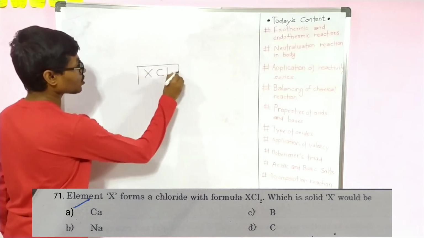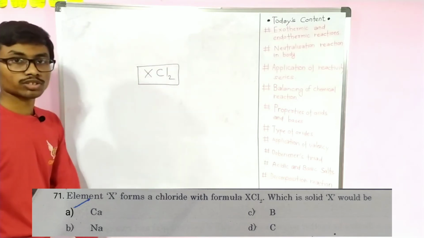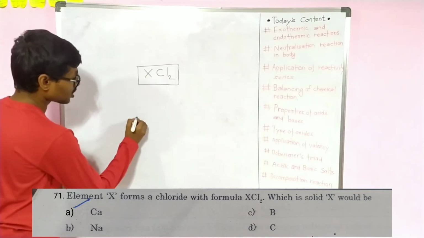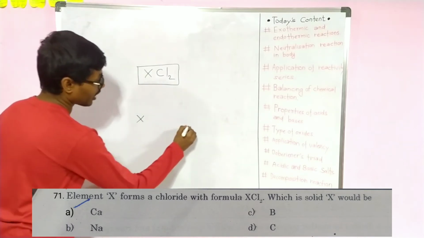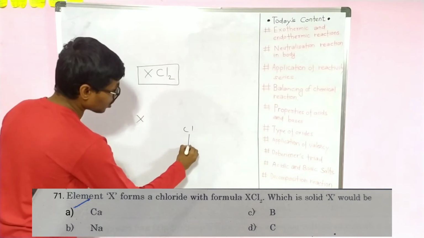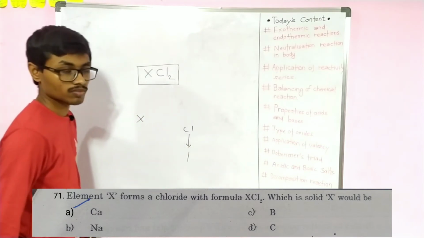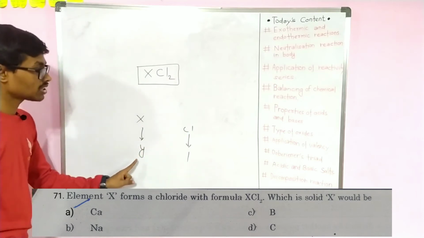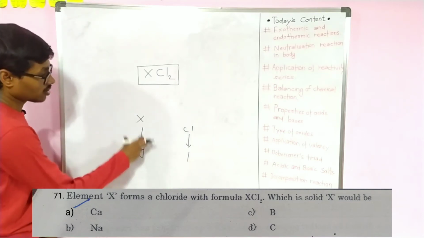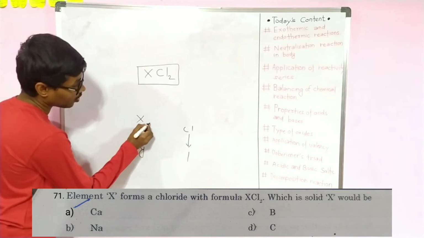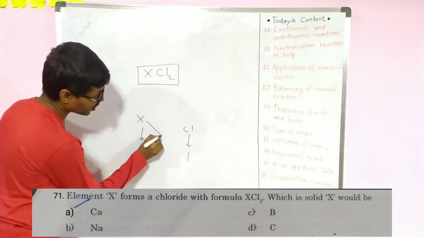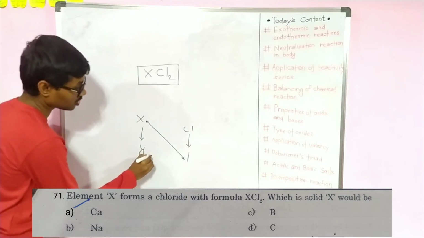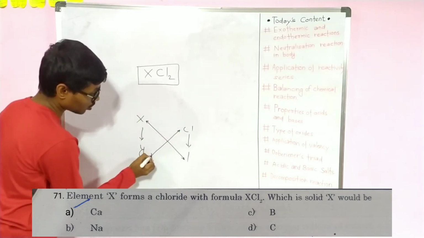Now we have one crisscross method to tackle such problems. Suppose take metal X and take Cl. Valency of Cl is 1. Suppose valency of X be Y. Now according to crisscross method, we join these two and we join these two.